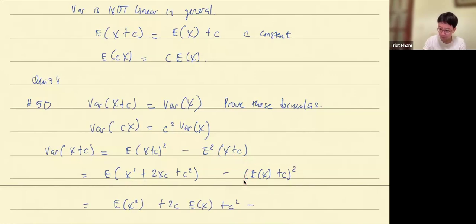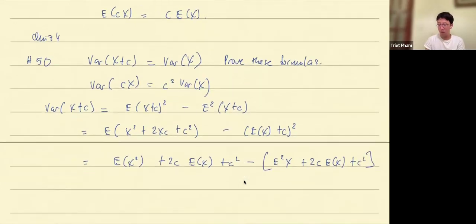the same thing here. And you see these two cancel, leaving you with the variance of X, which is exactly the variance.